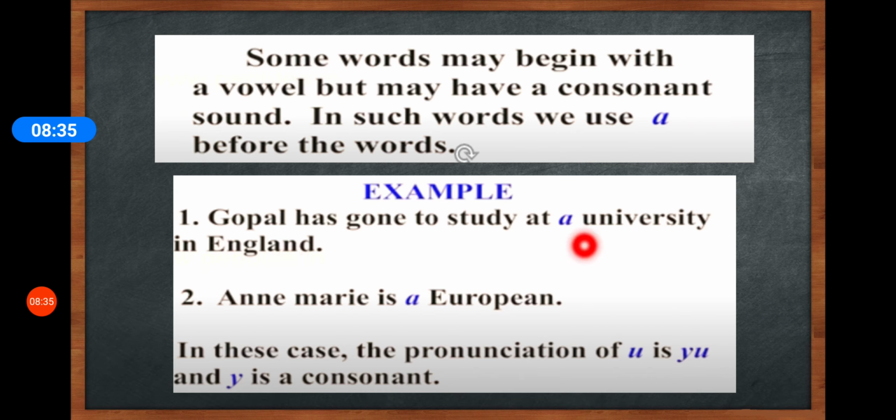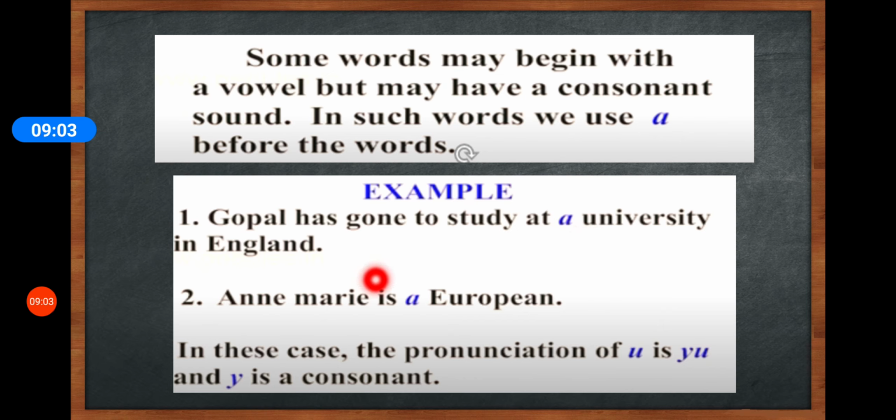Again, children, university. The sound it begins with is U, which is a consonant sound. So we have to pay attention. We just don't have to look for the vowels. We have to look for the vowel sound or the consonant sound.